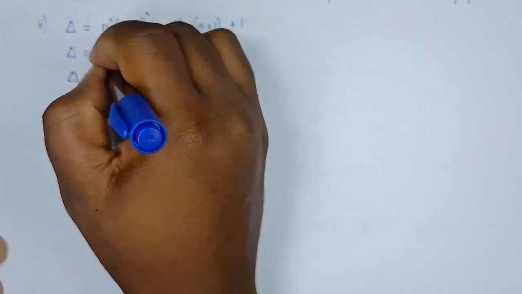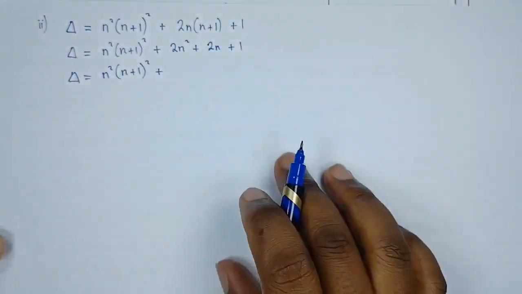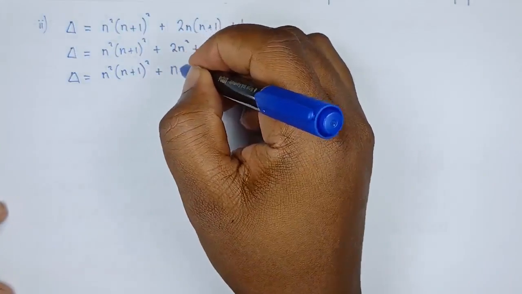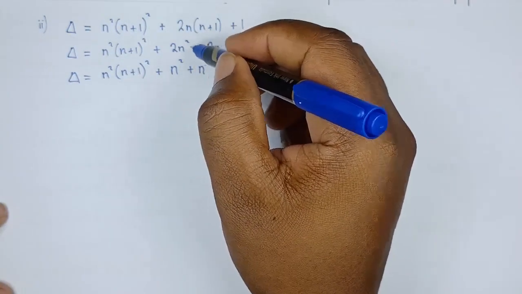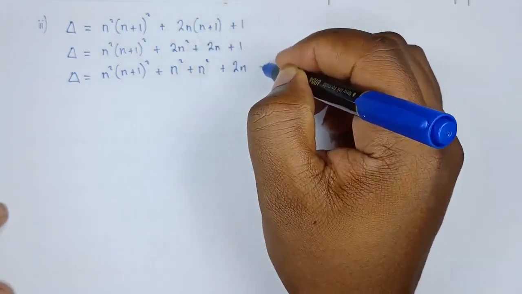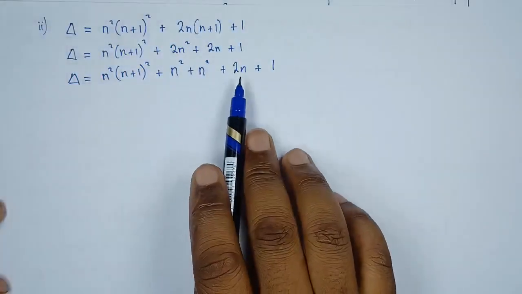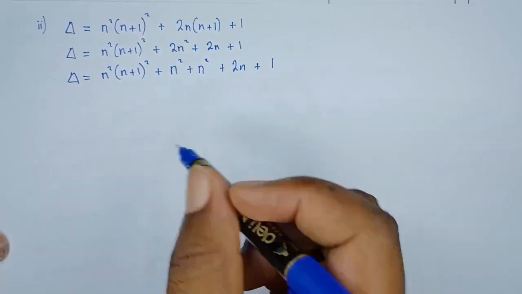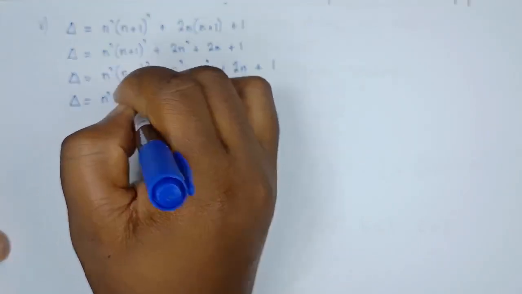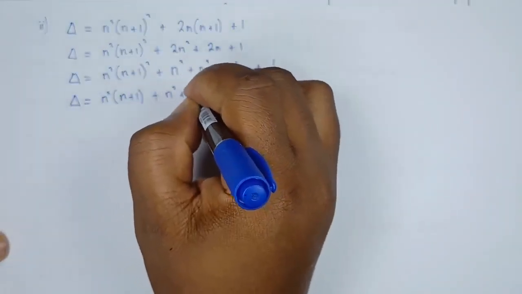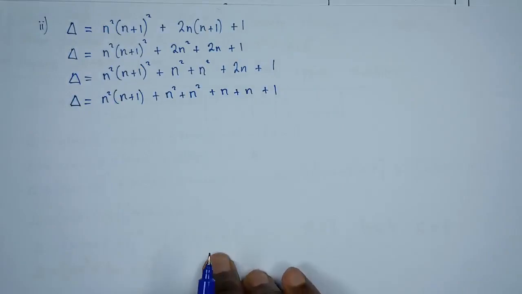So we have n squared, n plus 1 squared, plus, separating this, we're going to get n squared plus n squared. Remember, n squared plus n squared is the same as 2n squared. Then we have plus 2n plus 1, like that. So the next thing we'll need to do is we need to separate the 2n as well. I wish we did it in the same step, but it's fine. So the determinant is equal to n plus 1 plus n squared plus n plus 1. That's what we have.